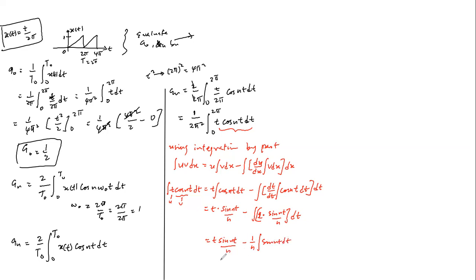So this is going to be t sine nt over n minus 1 over n times the bracket, which will give us minus cos nt over n. Okay.